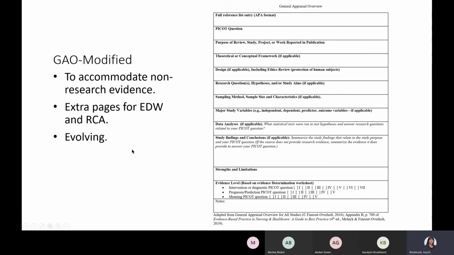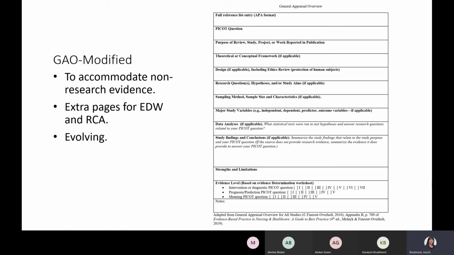The next thing I want to look at is the general appraisal overview form. There's one provided by your textbook, but the textbook's version tends to be oriented towards the stricter definition of evidence, which is restricted to research evidence.